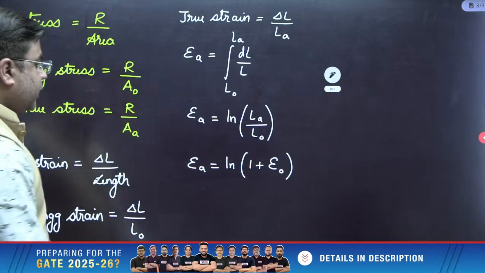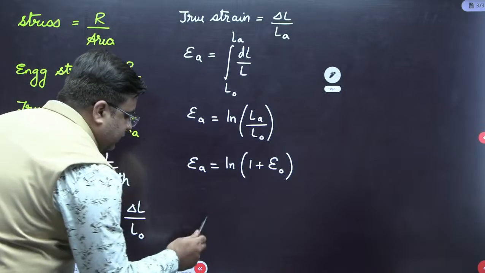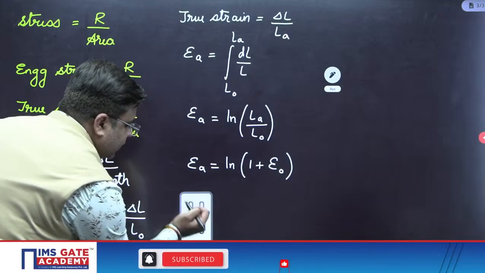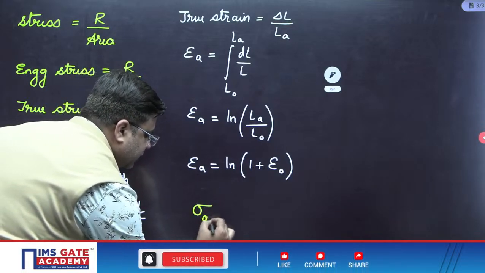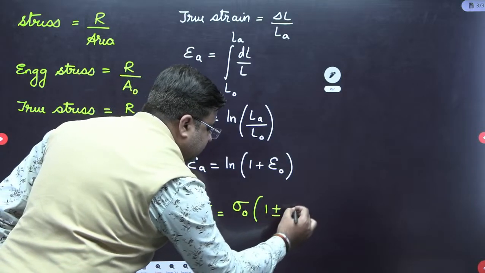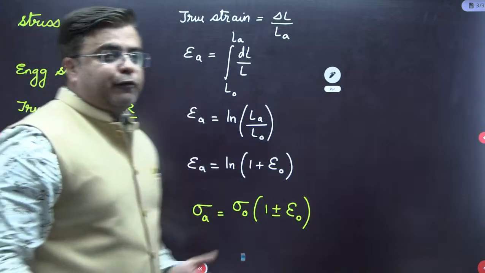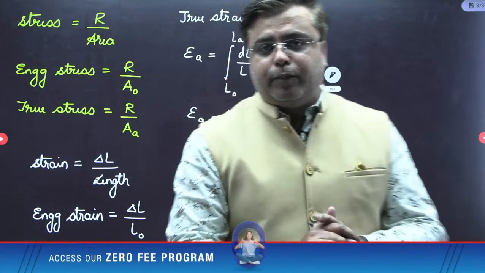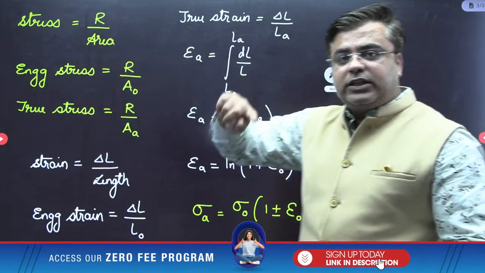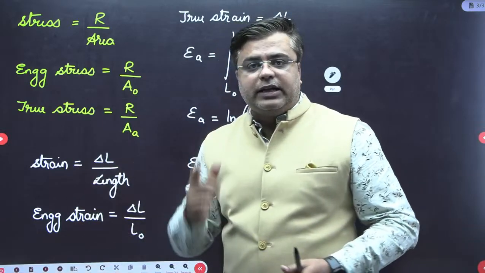After this, there is one relation between engineering stress and true stress. True stress or actual stress is equal to your engineering stress into 1 plus engineering strain. These are very important relations from the first part of strength of material, where we talk about stresses and strain. Stress is measured in megapascal or Newton per mm square, whereas strain is a unitless quantity.